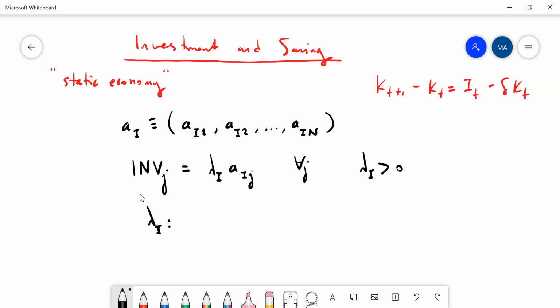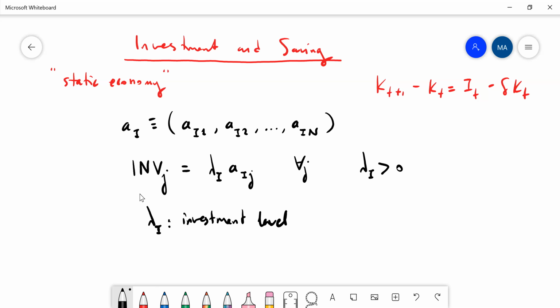Okay, investment level, and these are technical coefficients that tell me this. If my investment level is lambda I, I'm going to use from the J good lambda I times Aij.